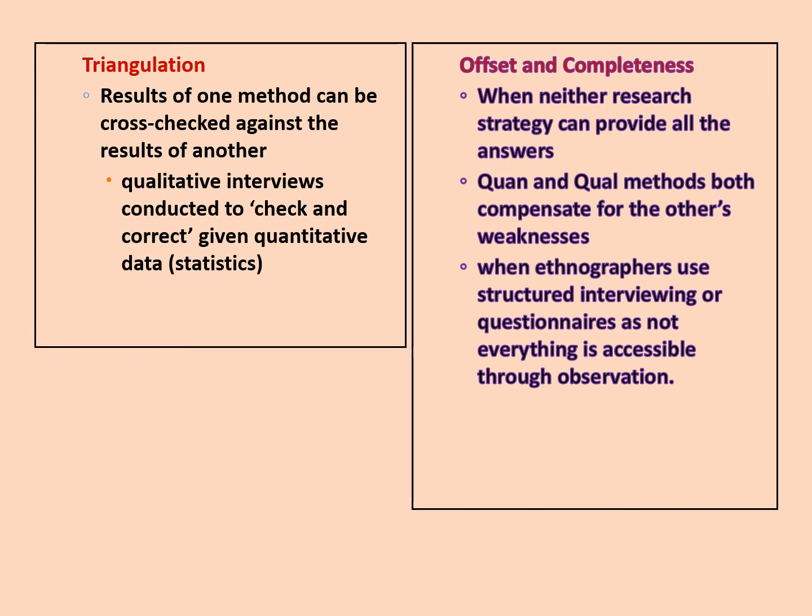Offset and completeness. This is when quantitative and qualitative methods compensate for each other. For instance, let's assume certain ethnographers are conducting observation of specific social practices of a group, but they are unable to understand everything that is going on there.